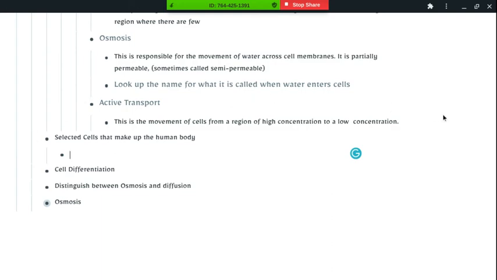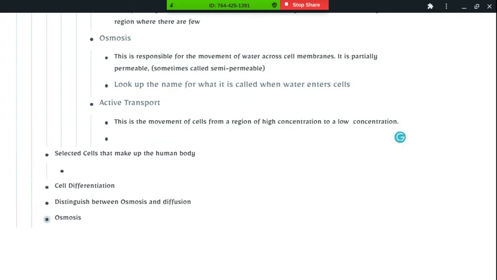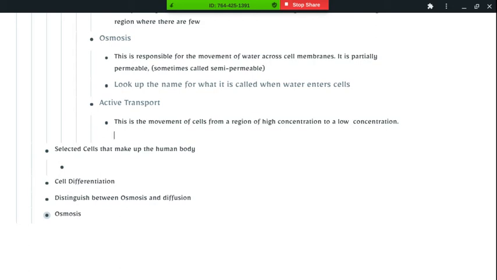Oh, my bad. I forgot to add one thing on active transport. Right? There's something very important. This is where energy is used, right, from the cell itself. Right? And against a concentration gradient.